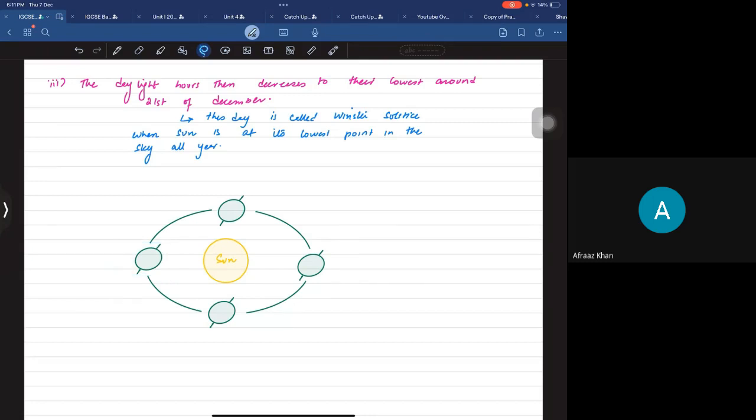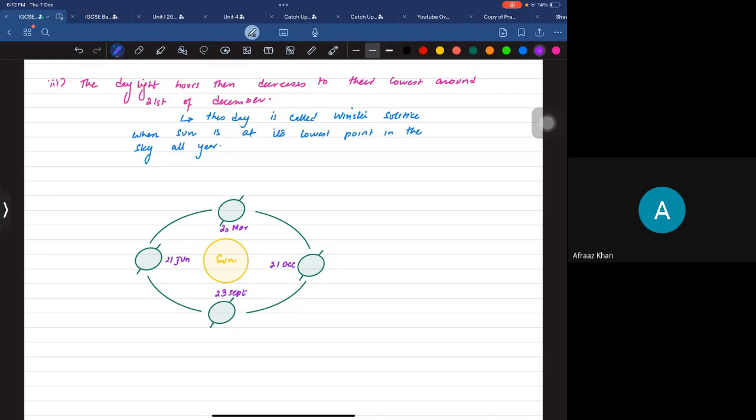Now these are dates like 20th March. This is 23rd September. This date is 21st December, and that's 21st June, like that.